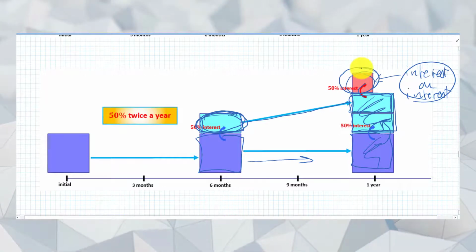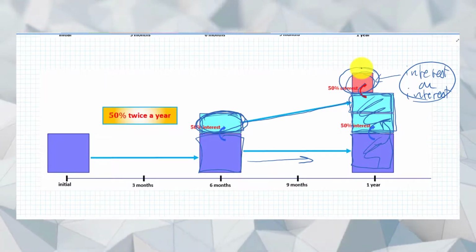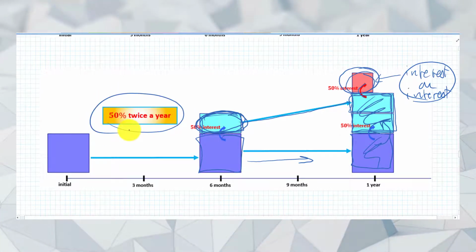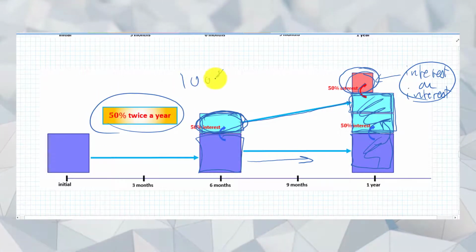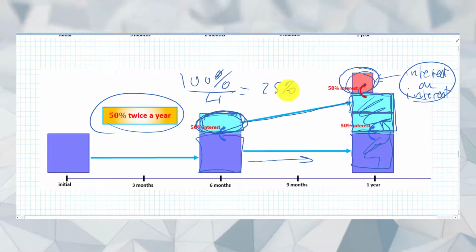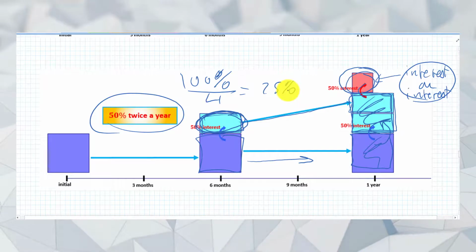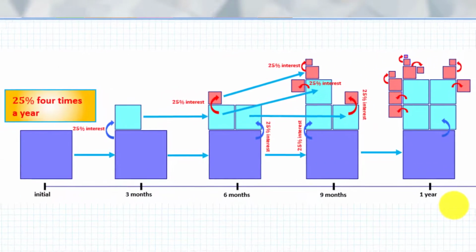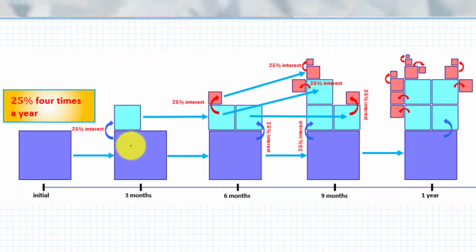The third model I'm going to be looking at is when I compound 4 times a year. So this time I take 100% compounded 4 times a year. You divide it by 4 and that's 25%. So I want to look at what happens when I add 25% at the end of every 3 months. Now you can see at the end of 3 months, the principal generates a 25% interest.